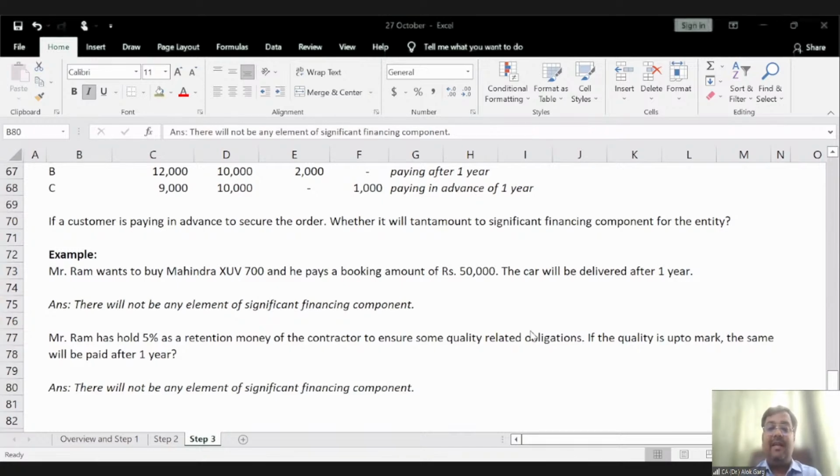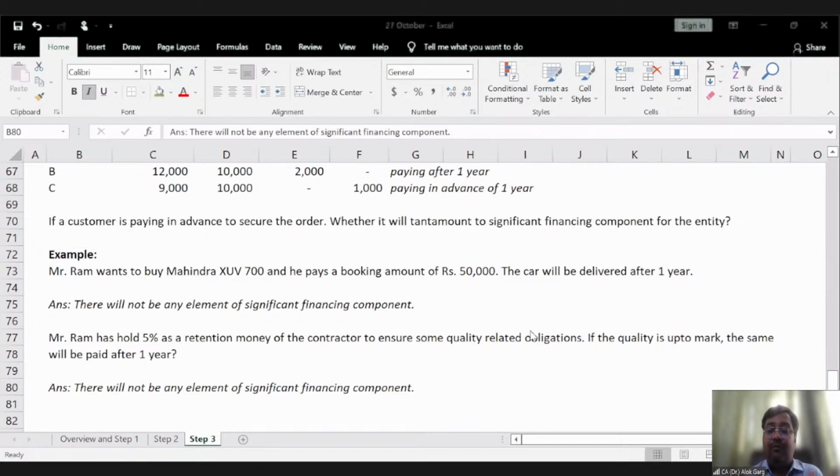Sumit, 1000 again. Sumit, the only thing is, I have told you first, of course it is kind of a discount. But why has this discount been given? This discount is only given because you have made the early payment, and early payment beyond 1 year, right? So this is in the nature of a discount, which is kind of an interest income or interest cost, right? This is a discount which is kind of an interest cost.